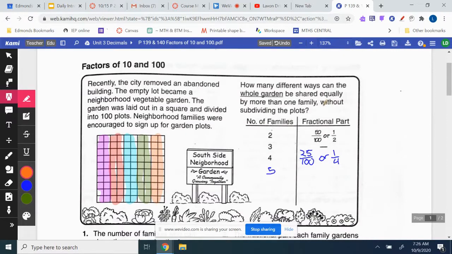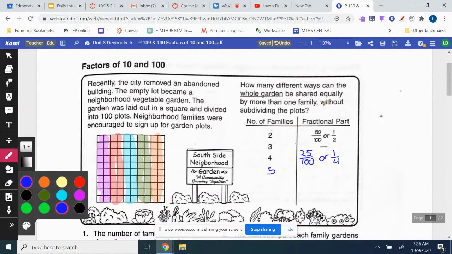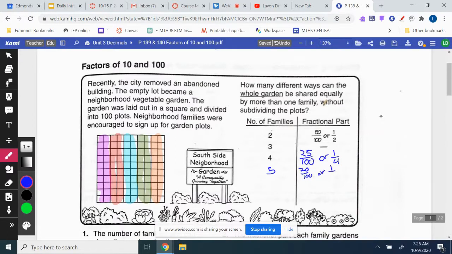So each person, if you count, they each get 2 columns of 10, so 20. So 5 goes into 100 20 times. So it'd be 20 over 100, or 1/5.